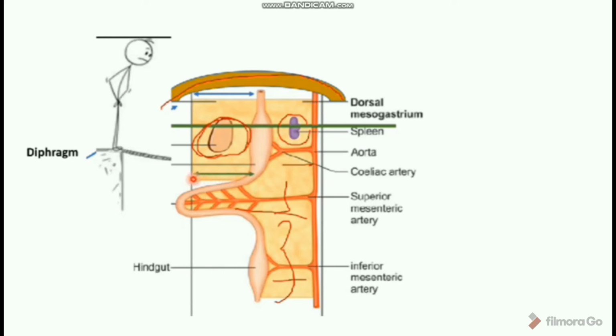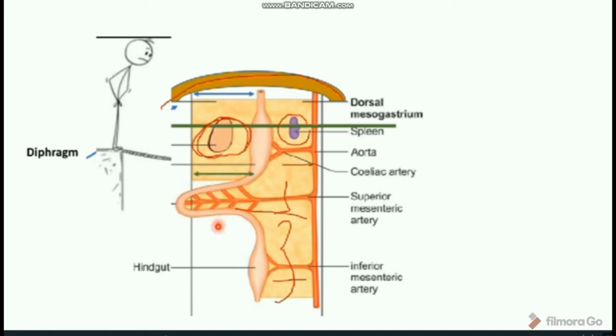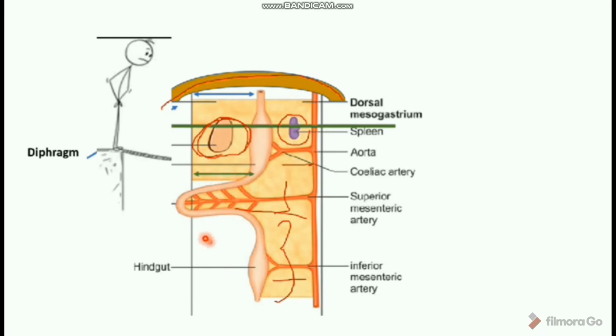It doesn't continue all the way down to the hindgut, so we don't have a ventral attachment down there. So of course there is no attachment of the ventral mesogastrium with anything else. So this end is free.